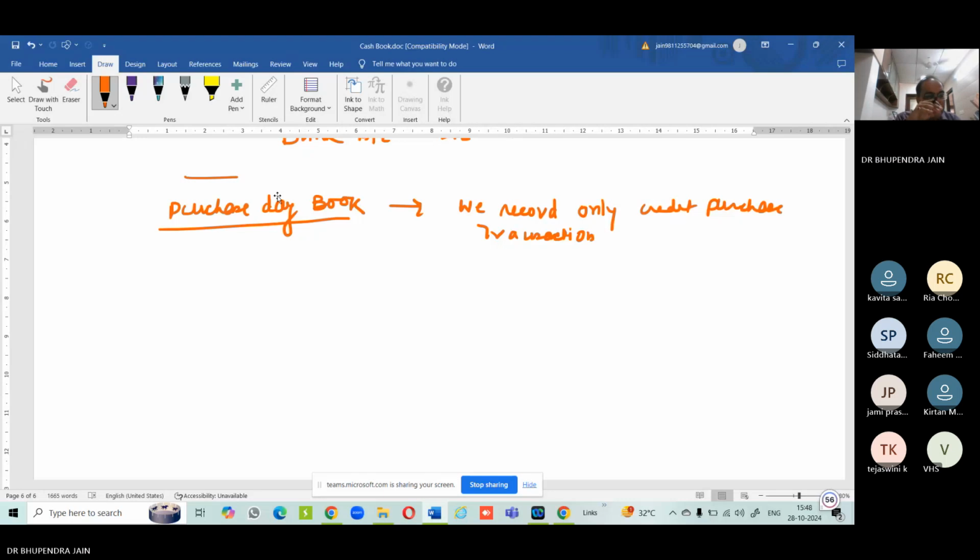Now, how to prepare the purchase day book? Now, the specimen or format of the purchase day book.